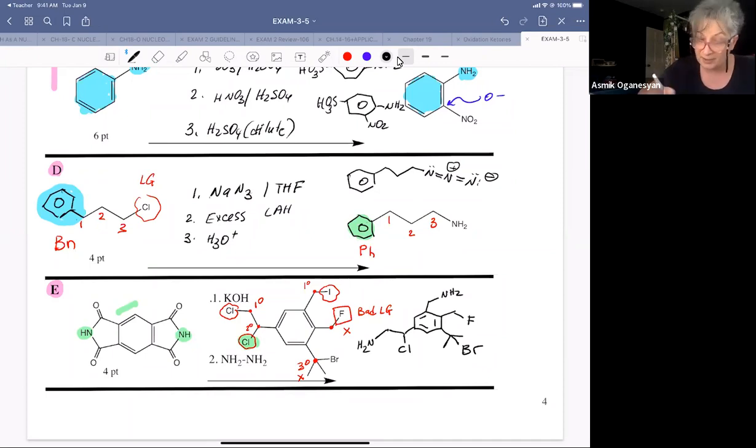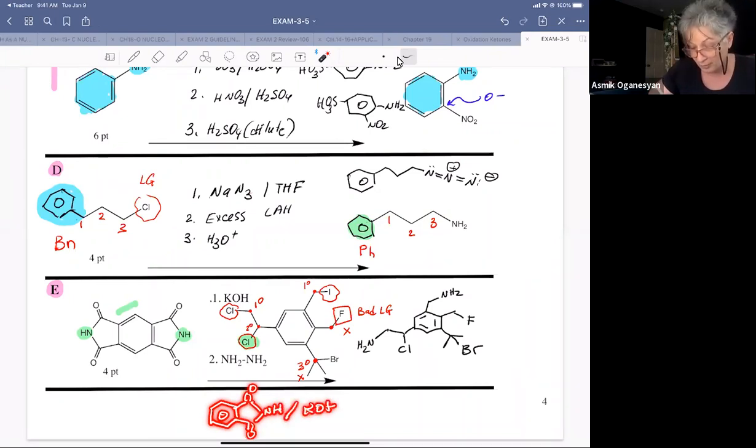So think of it as if you had this as a substrate, and to that you would add 2 equivalents of your Gabriel reagent. Okay? Under basic conditions.